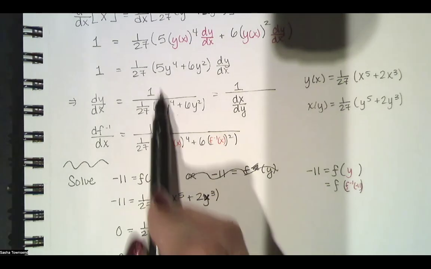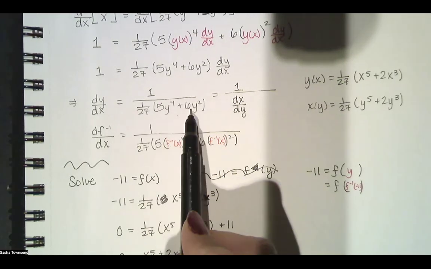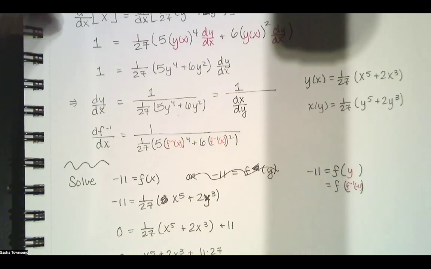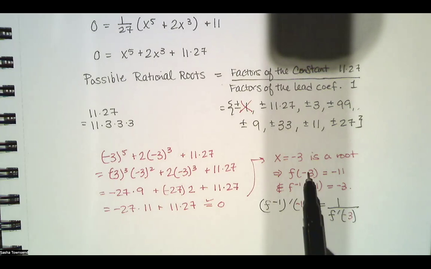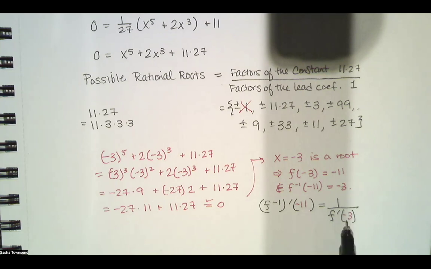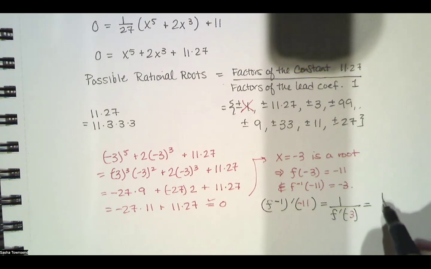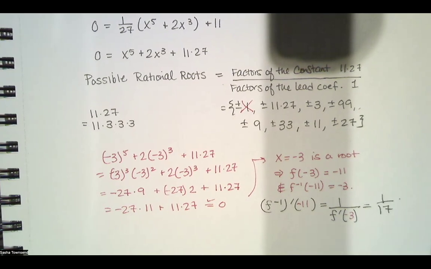This y value is the y value on f inverse, which is just the x value that goes with y equals negative 11 on the original graph. So you just find its partner, then evaluate the slope of the original function at that value, and simplify. We already did this: f prime at negative 3 was 17, I think. So we got 1 over 17.